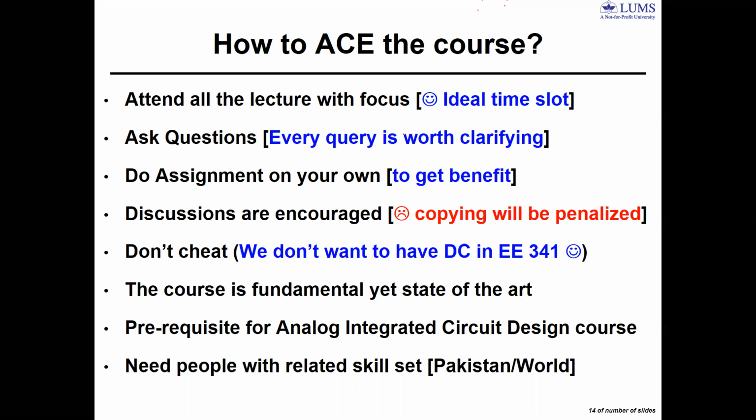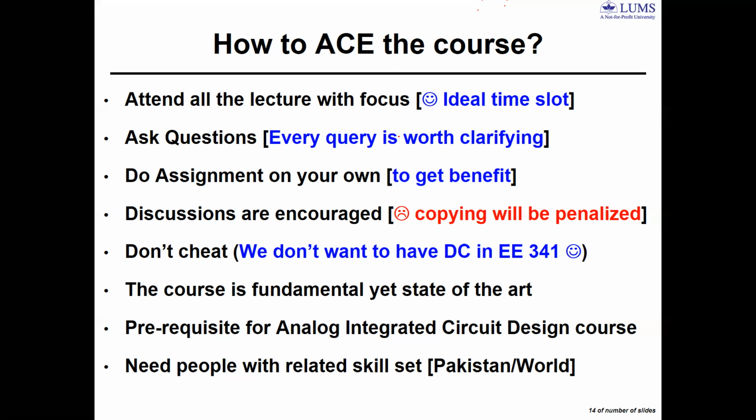So where I was saying that we don't want to have a DC in the course. DC means disciplinary action. That's why please don't cheat. It's just a humble request. Let's learn the things, not only the content but also some other aspects of life. If times are tough, we don't want to use unfair means.